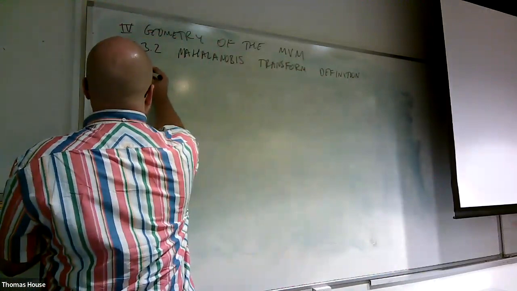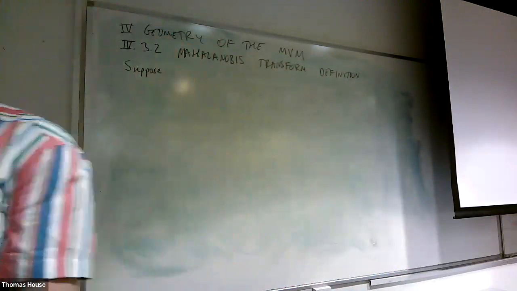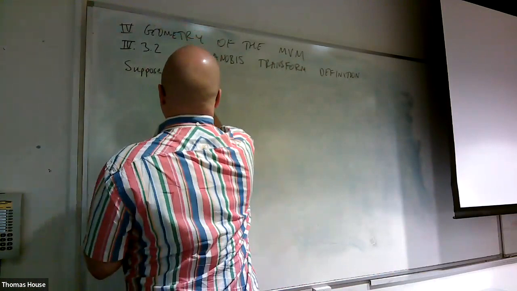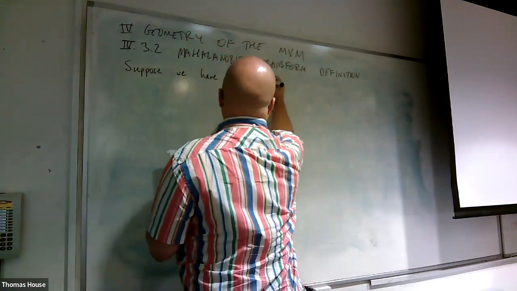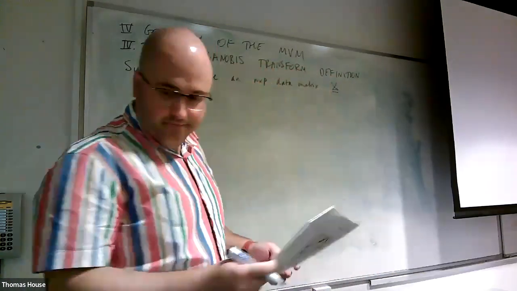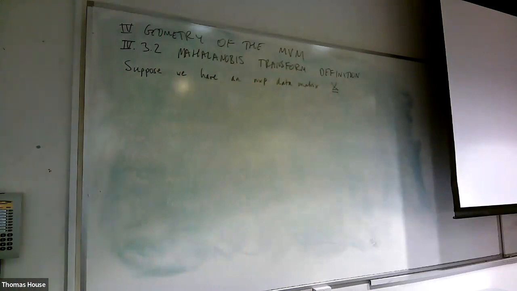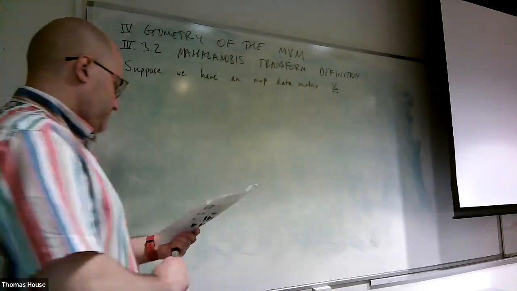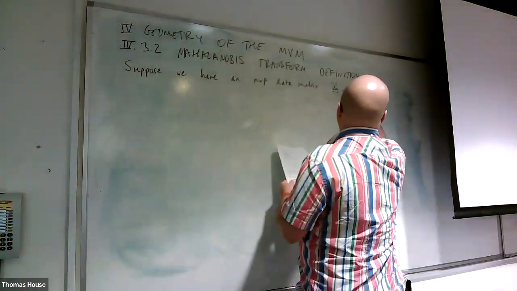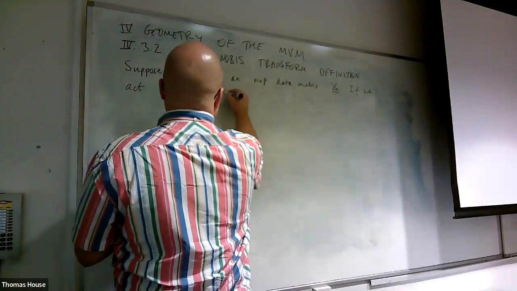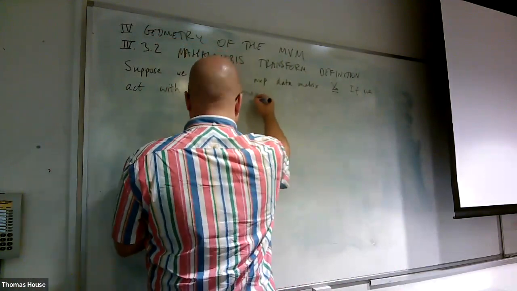So suppose we have an n by p data matrix X. If we act with the centering matrix H from chapter 2.